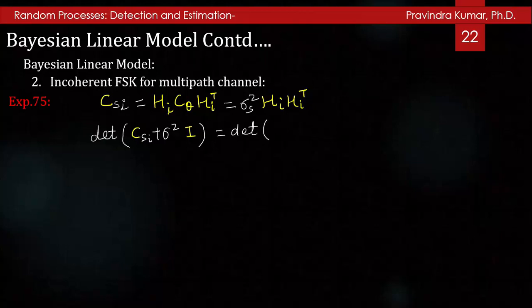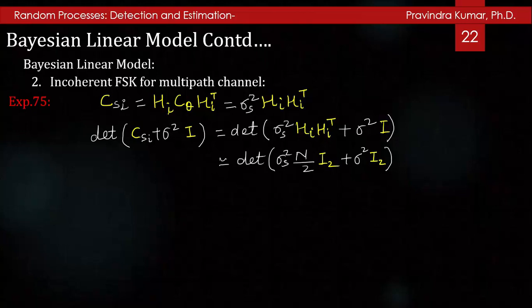The determinant of the matrix C_Si plus sigma square I will be equal to the determinant of sigma_s square Hi Hi transpose plus sigma square I, so it will be approximately equal to the determinant of sigma_s square into n by 2 I2 plus sigma square I2.